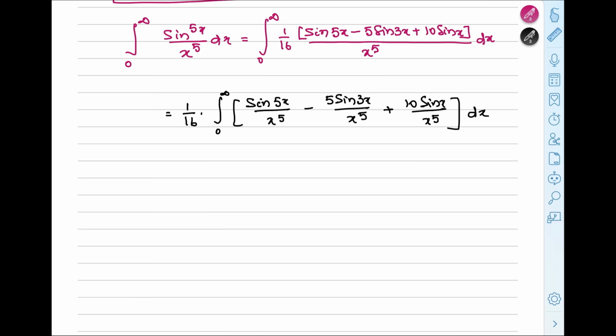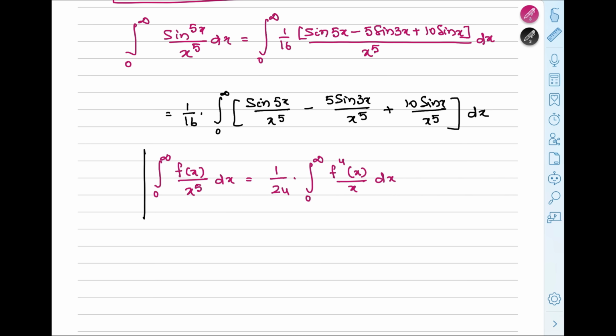And you use one important concept. The integral from 0 to infinity of f(x) divided by x to the power of 5 dx, where the function decays very fast, will be 1 by 24 into the integral from 0 to infinity of the fourth derivative of the function divided by x dx.